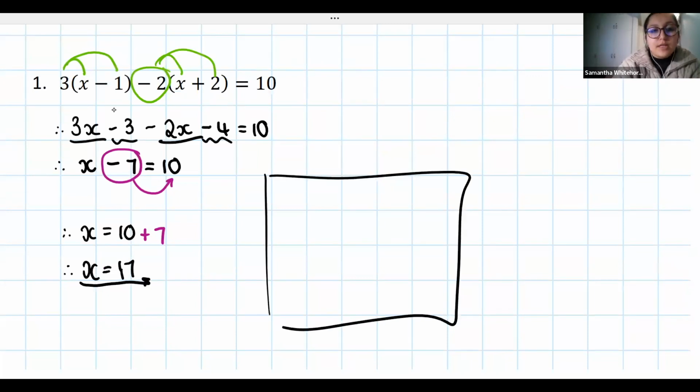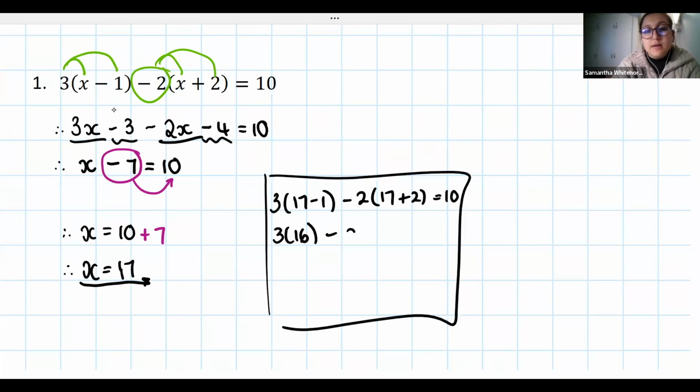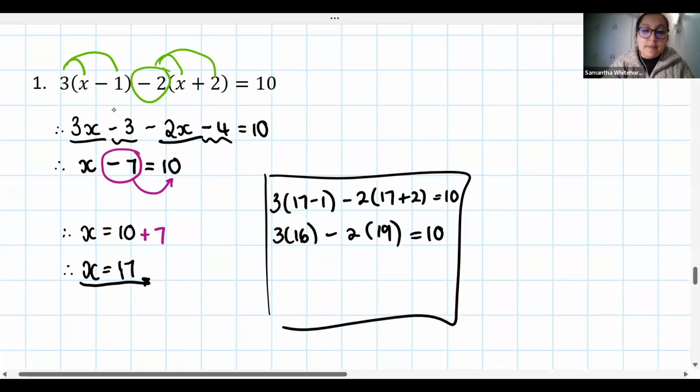Now again, do your check. You've got 3 times (17 minus 1) minus 2 times (17 plus 2), and that should all equal 10. 17 minus 1 is 16, so we've got 3 times 16. 17 plus 2 is 19, so we've got minus 2 times 19.